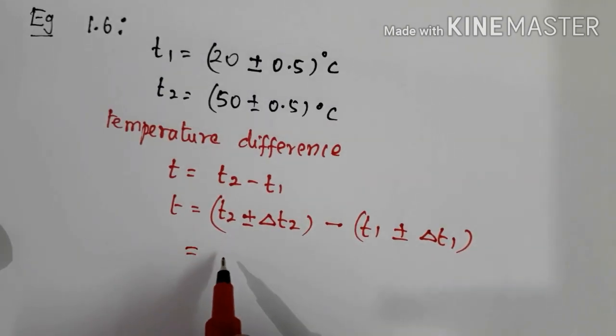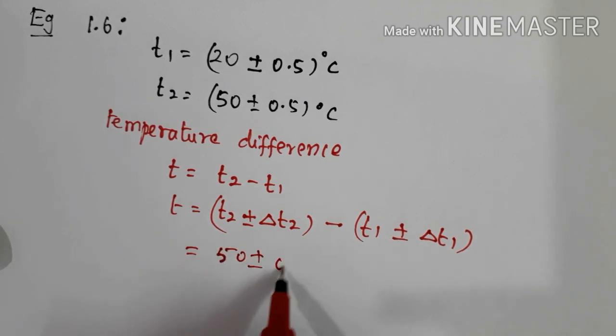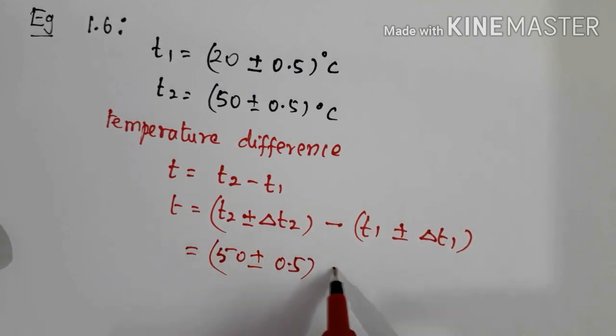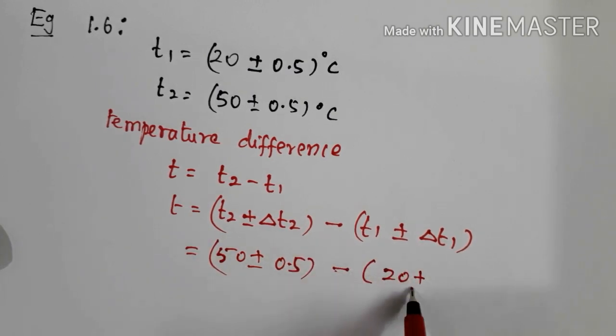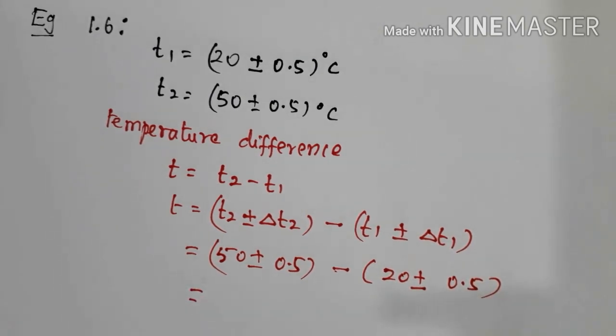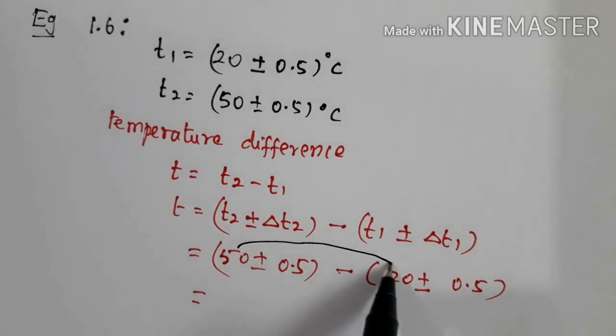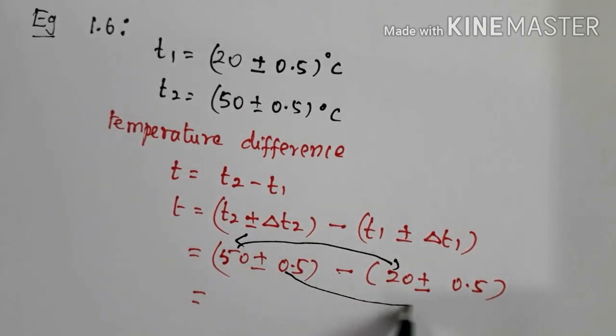You can write the values here, children. What will you get here? 50 ± 0.5 minus 20 ± 0.5. So as usual, how will you deal? Now you will deal with these two separately and the absolute errors separately, right?